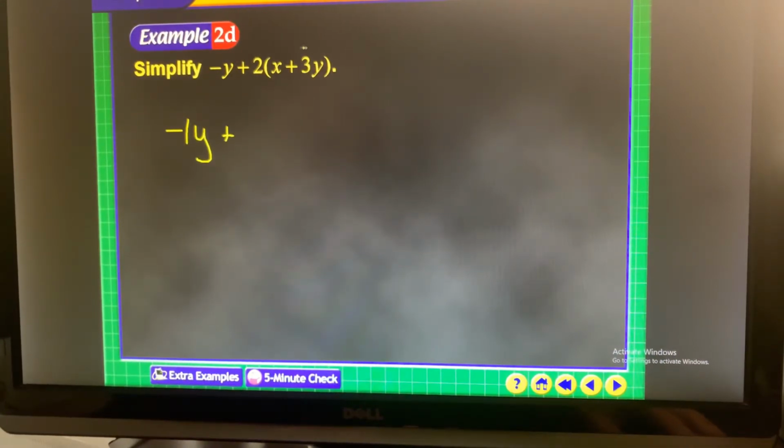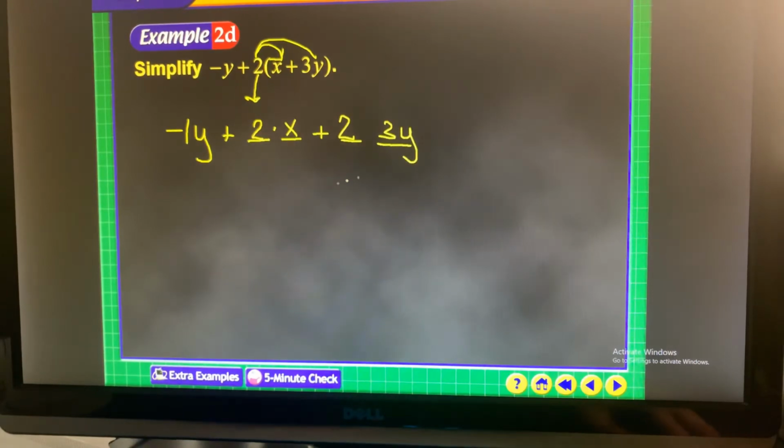Remember, for every one thing inside, you have 2 lines. The leader is the 2. Then it's being distributed to the x times x, plus the leader is the 2, distributed to the 3y. Like that.